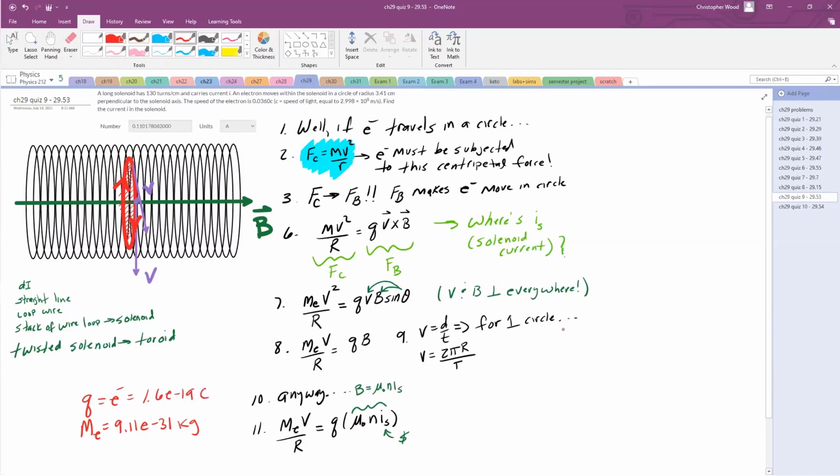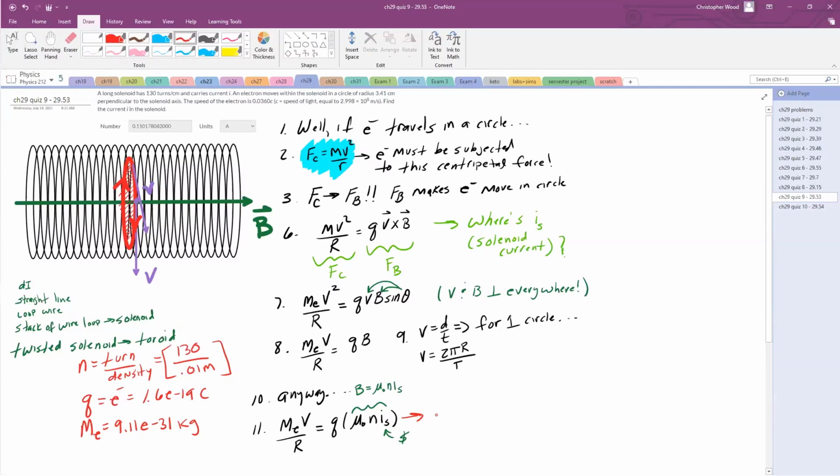Do you know little n? Yes, you do. Remember, little n stands for turn density, the number of turns per length, and that's actually given to us as 130, for my number, 130 turns. Turns is not a unit, so I just won't even write it down. So 130 turns per centimeter, or 130 turns per 0.01 meter. So you have everything now.